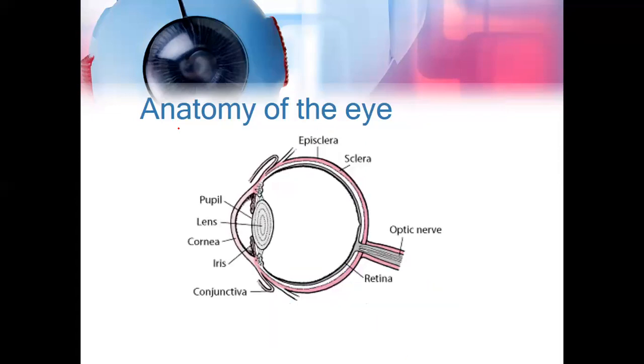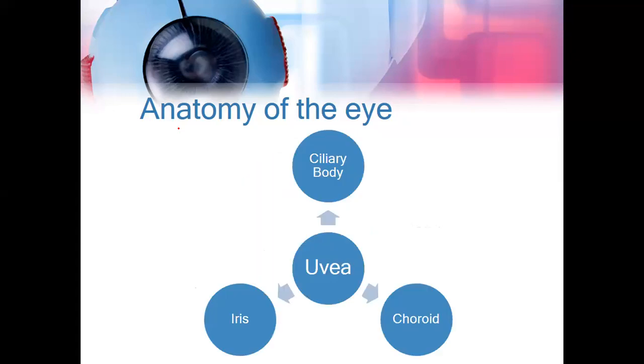So here we're going to talk about something deeper, and the next layer would be the middle layer, or vascular layer of the eye, which is composed by the iris, the ciliary body, and the choroid, right?